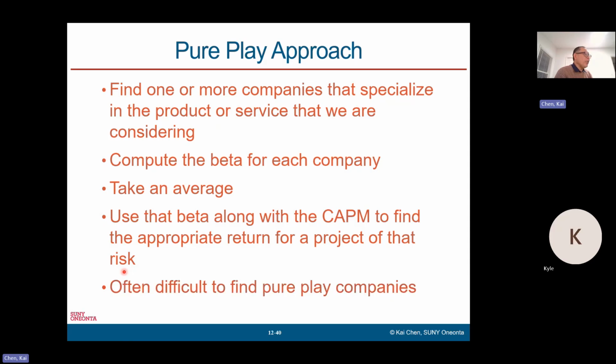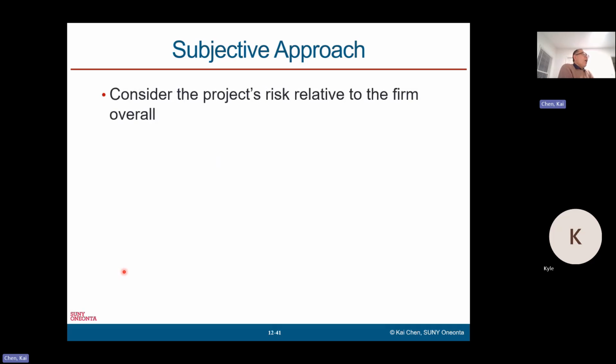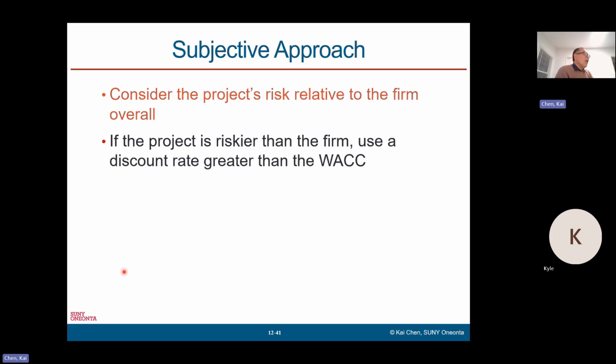In this case, we can use the subjective approach. We can consider the project's risk relative to the firm's overall risk, that means the firm's estimated WACC. We compare the risk of a project with the overall risk of the company.